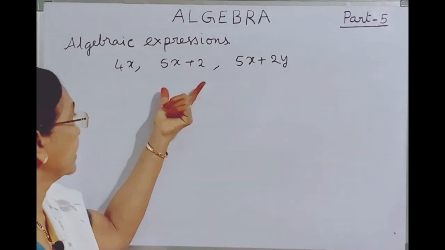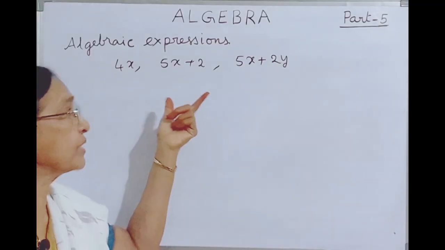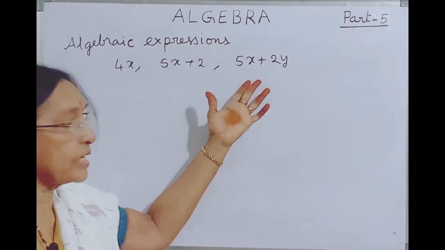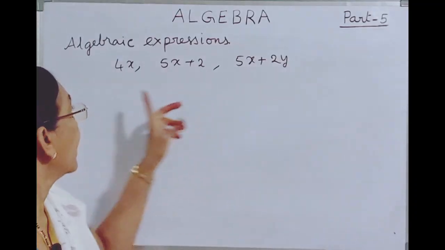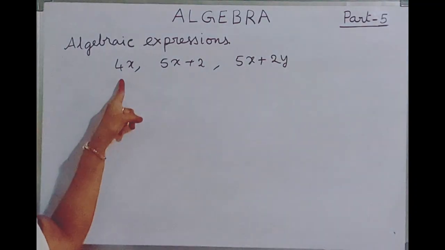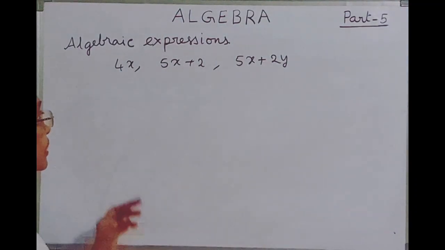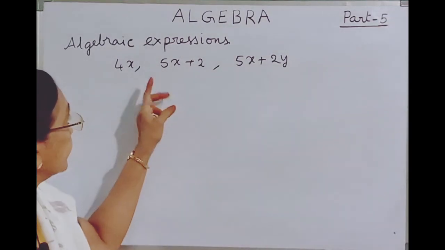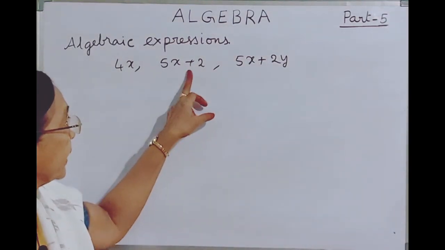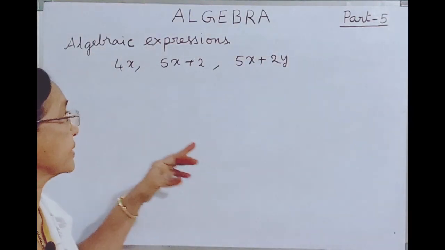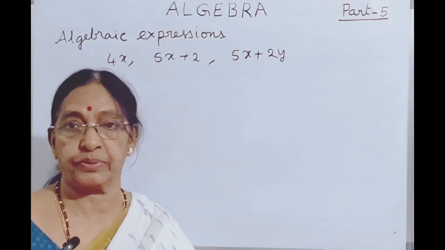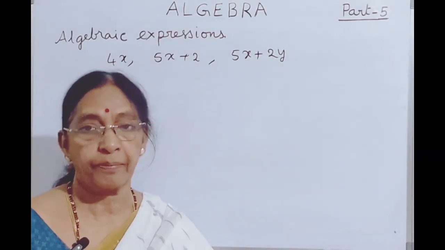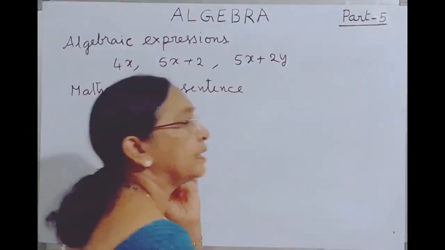This is an expression of two terms, and this also contains two terms and two variables x and y. This is an expression having only one term. So the terms are separated by plus or minus. So in an algebraic expression, we see numbers, variables, etc. connected by plus or minus.